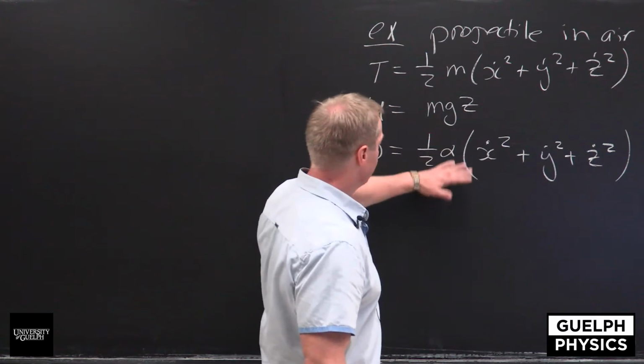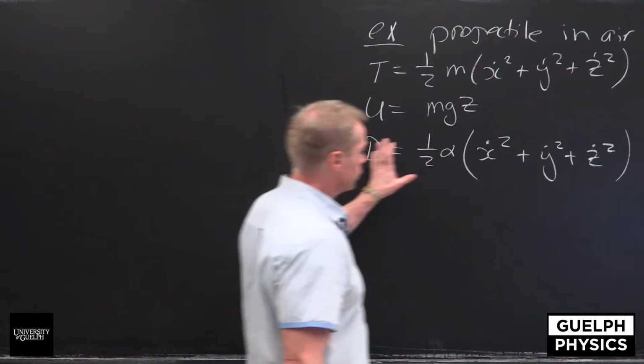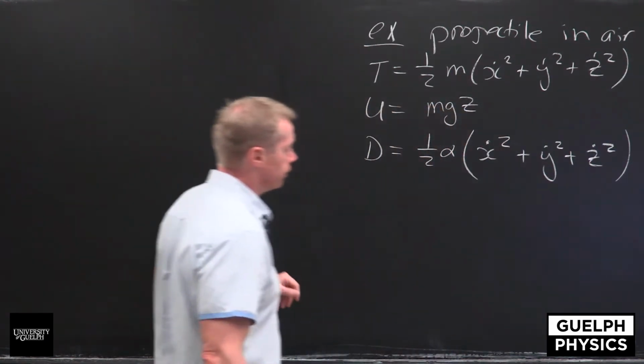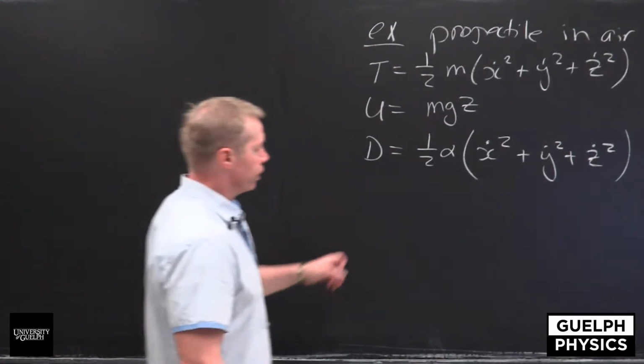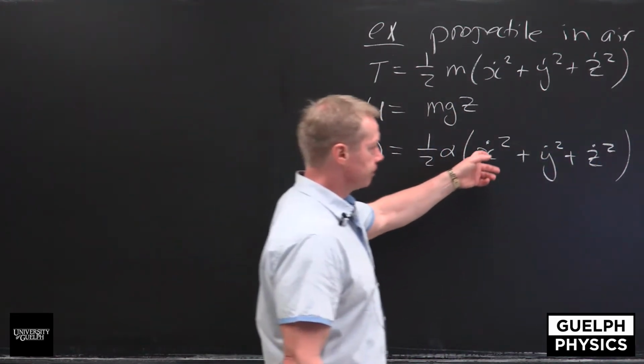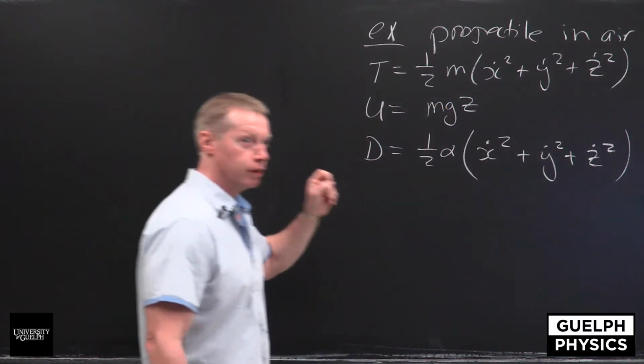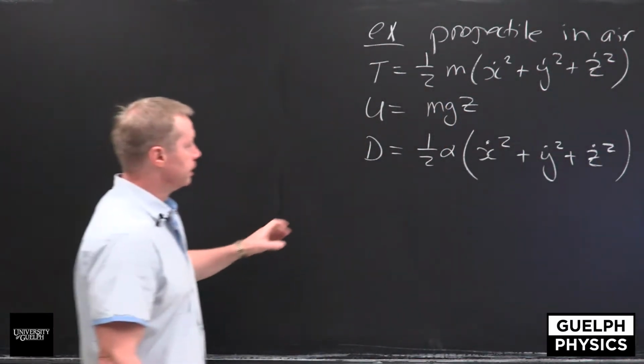So these f coefficients just reduce down to a constant, and the dissipation function is just given by the quadratic terms in the velocities only, without cross terms.